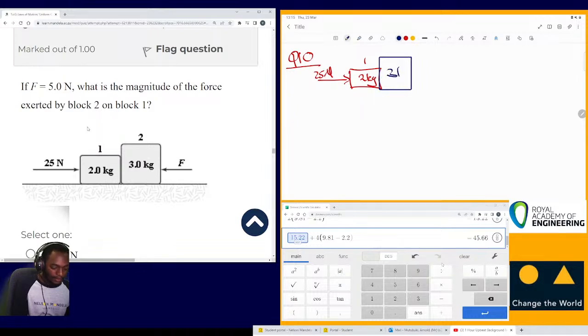This is 3 kilogram, and we have a force F. This is our block 2.